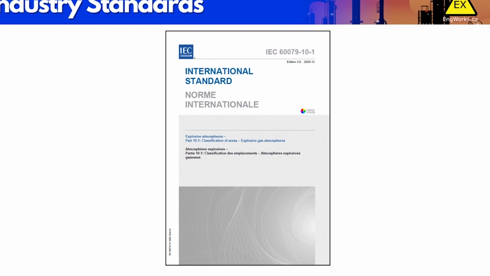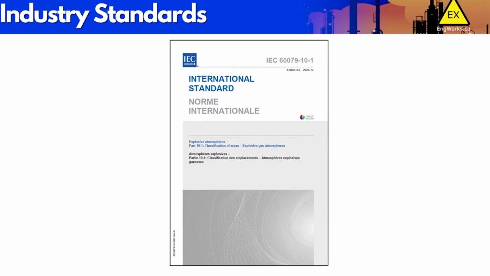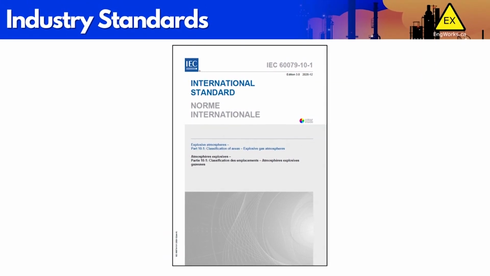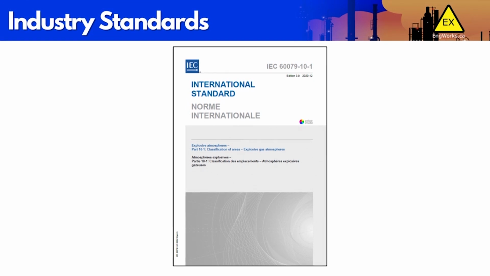It considers the properties of the flammable material, the source of release, and ventilation in the area. It permits a classification design to more closely reflect the true nature of the hazard. This often results in reduced hazard extents, but in some cases, increased hazardous extents, depending on the material properties.